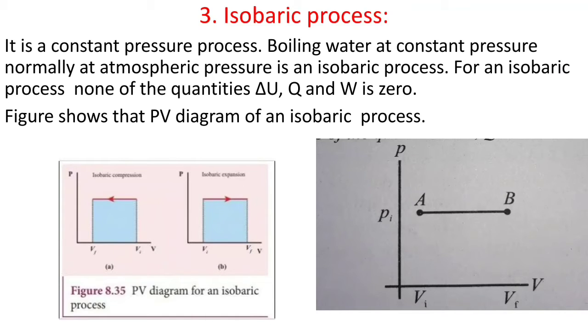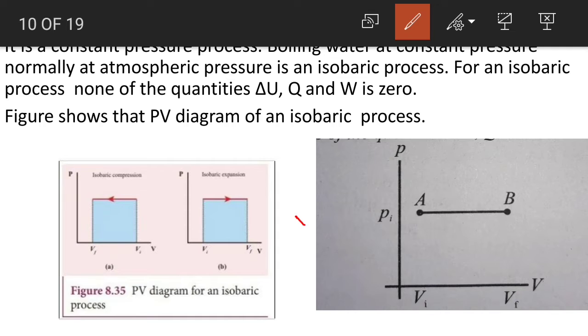See, the figure shows the PV diagram of an isobaric process. An isobaric process is shown on a PV diagram as a straight horizontal line connecting the initial and final thermodynamic states.